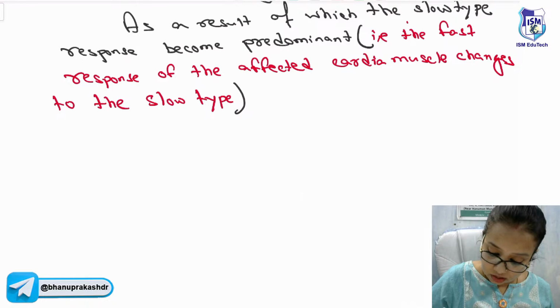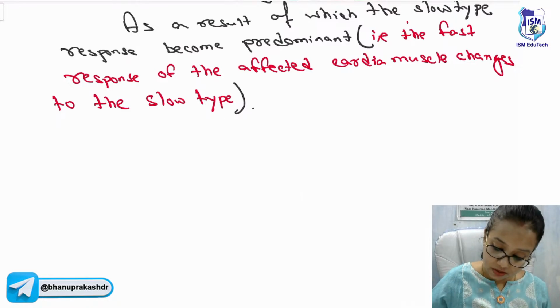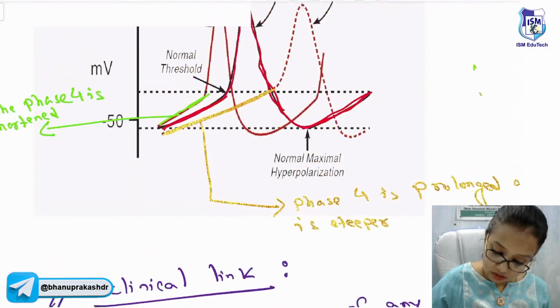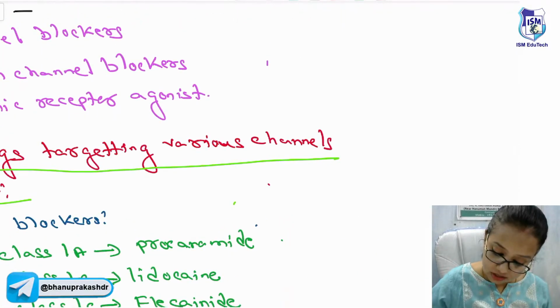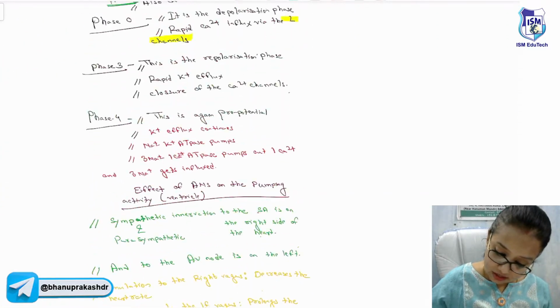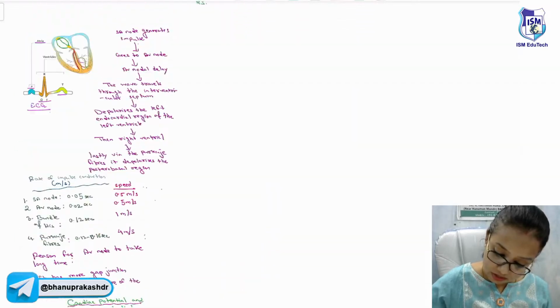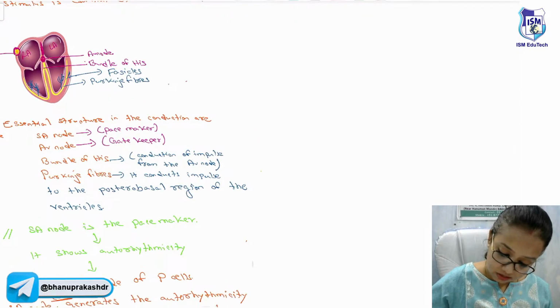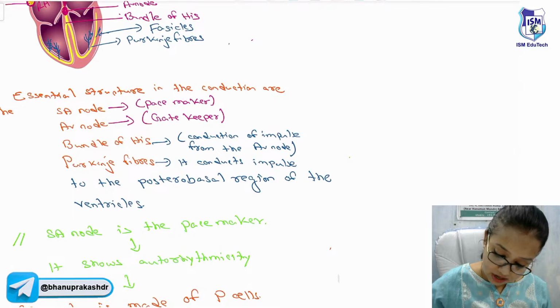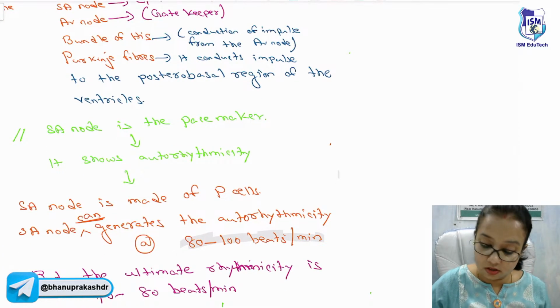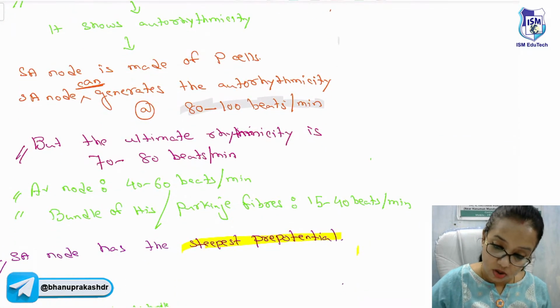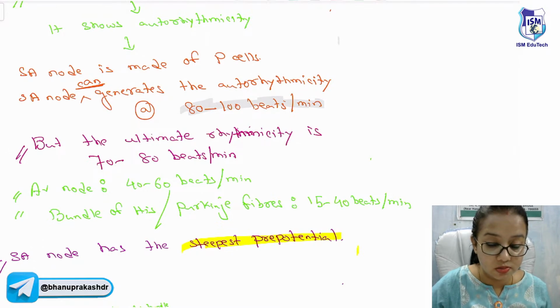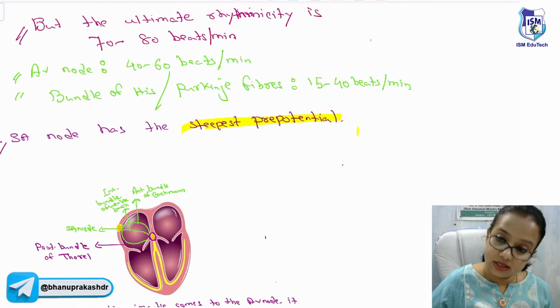Okay. So from the beginning, if we are to see what all we have studied today, this was the first introductory class and discussion of the conducting system of the heart. We started with the parts of the conducting system of the heart, the nodes, the bundle of His, the Purkinje fibers, why SA node is the pacemaker, and what makes it the pacemaker?